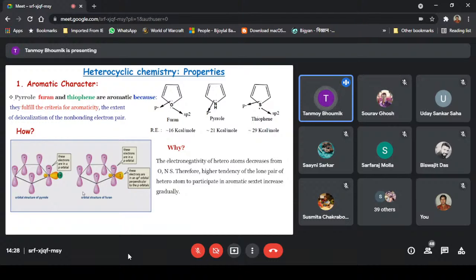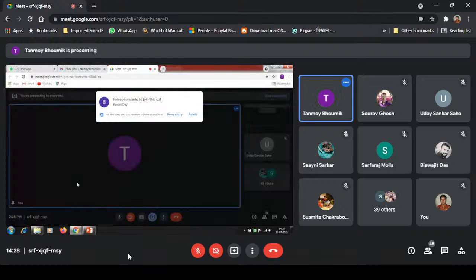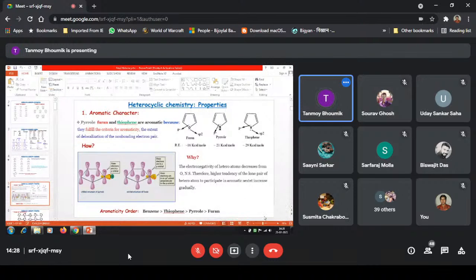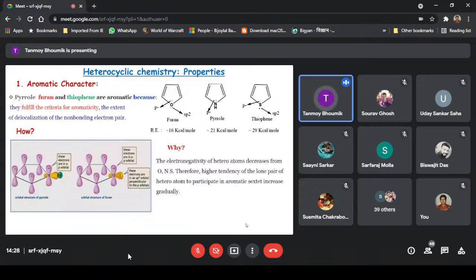Thiophene has the lower electronegativity. Whenever an atom has lower electronegativity, it has a tendency to donate its electron pair towards the ring and make the molecule conjugated. So the electronegativity gradually decreases. As the electronegativity gradually decreases, then what happens?